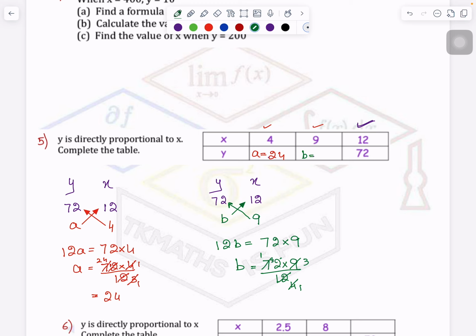So 4 eights are 32. So now 18 times 3 you can calculate easily. So the answer is 54. So this is how you will solve this question. Nowhere is the question saying express the formula or express y in terms of x.